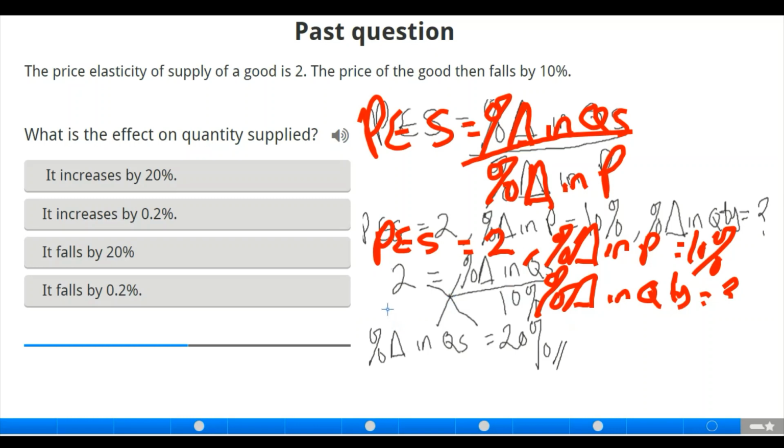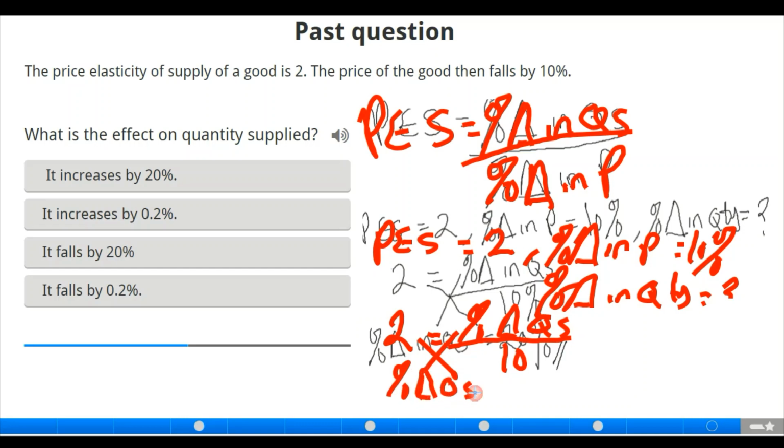Now, let us use the formula. We have the PES of 2 equals our percentage change in quantity, which is not given. Let us write it out. Now our percentage change in price is 10%. Now using cross multiplication to find our percentage change in quantity supply.